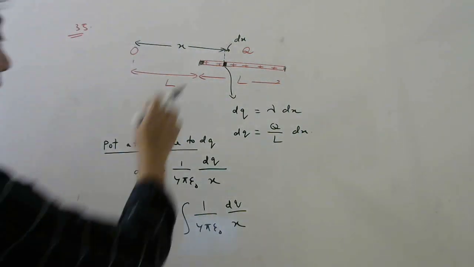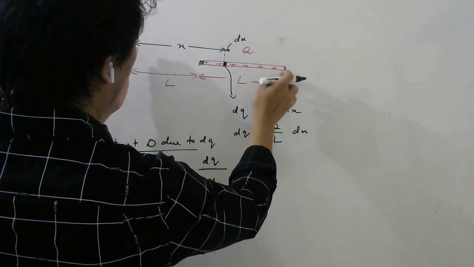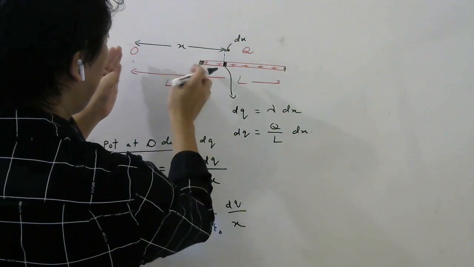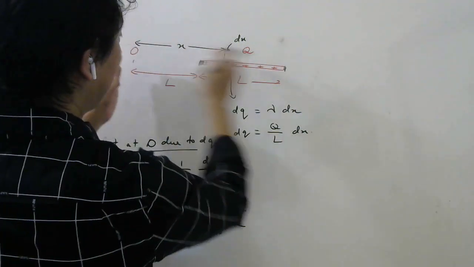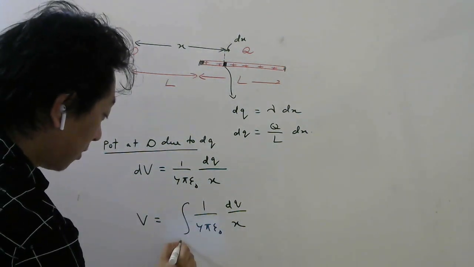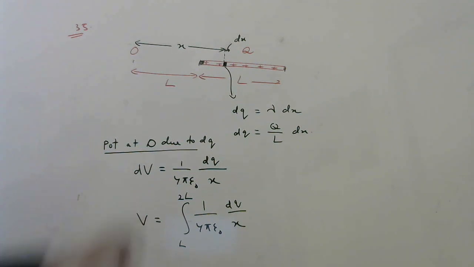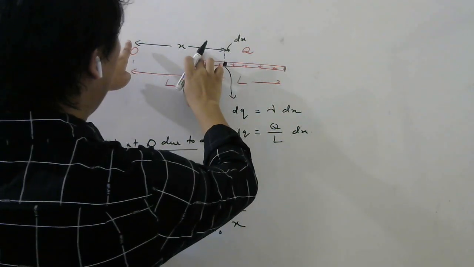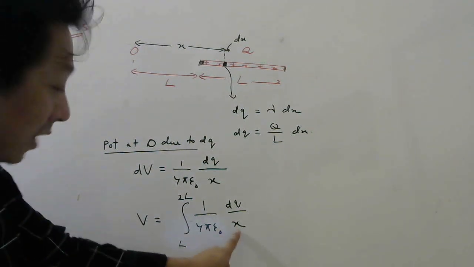Understood? So my x variable will increase from here to here. When I am here, x is L, and when I reach here, x is 2L. So x increases from L to 2L. Understood or not? My limits of x will be from L to 2L. Now constants I can take outside, but is x constant?